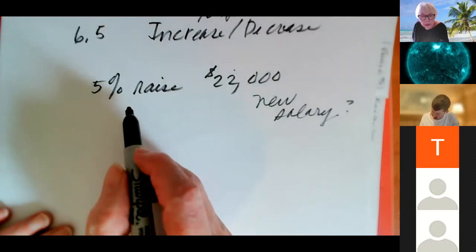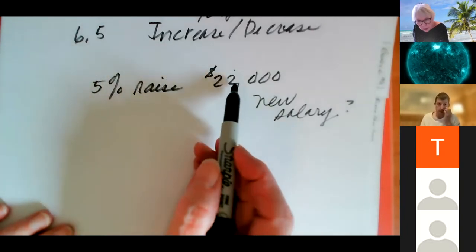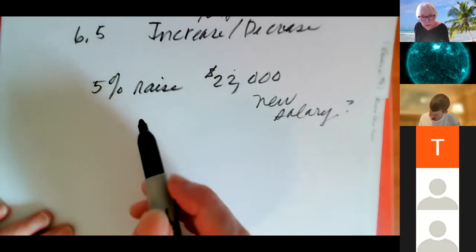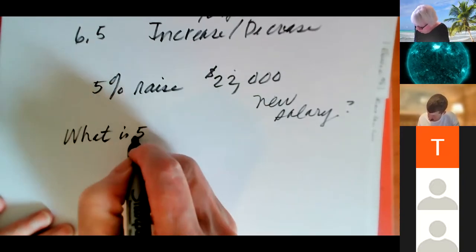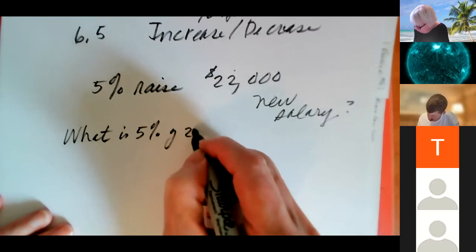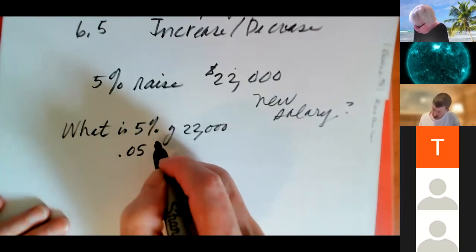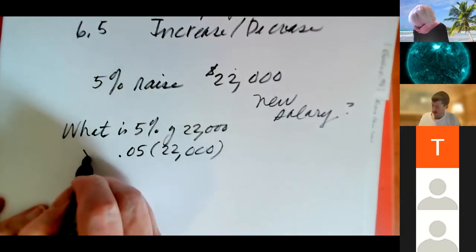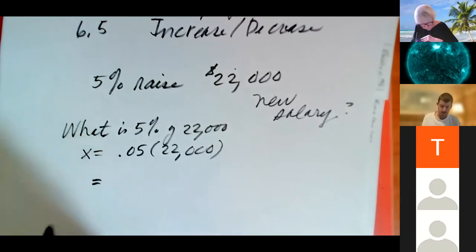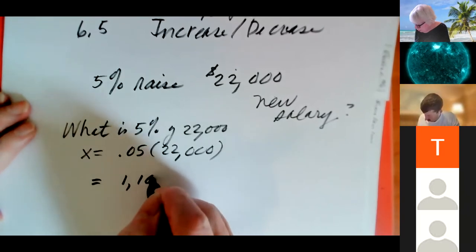So you can do this all kinds of ways. We can go 5%, 0.05 times this. This will then represent 0.05 multiplied by 22,000. And it's 1,100.